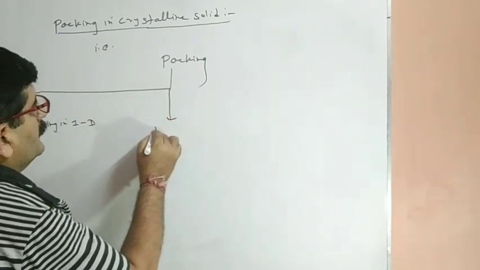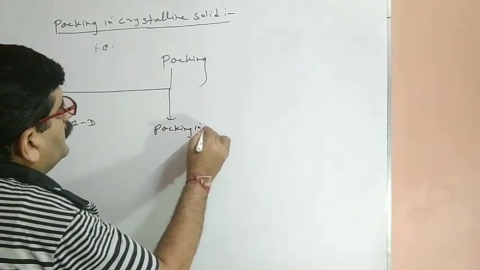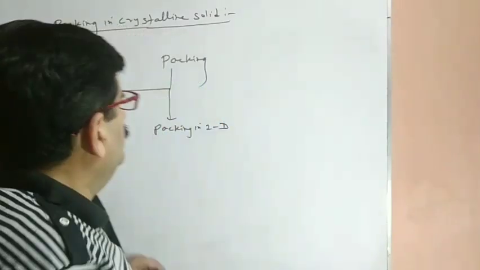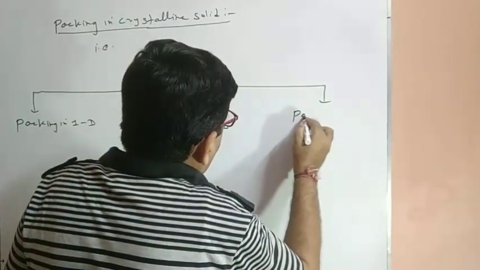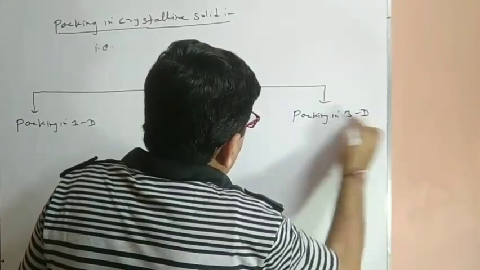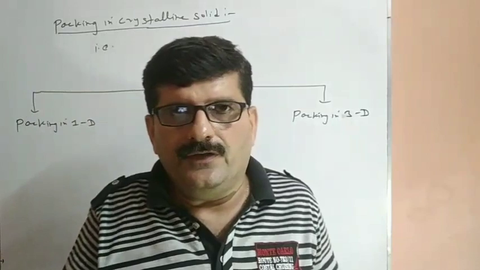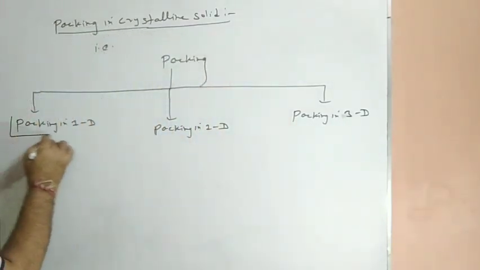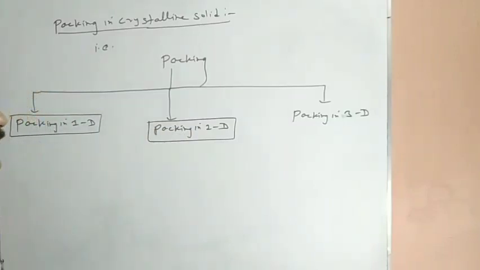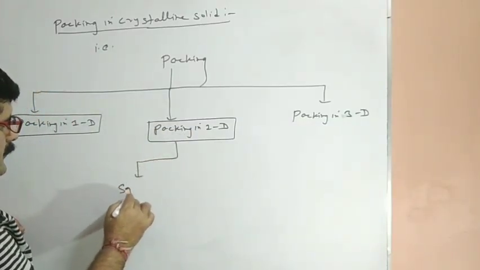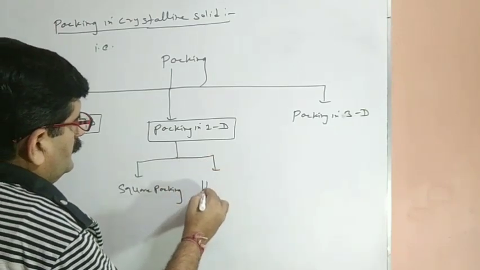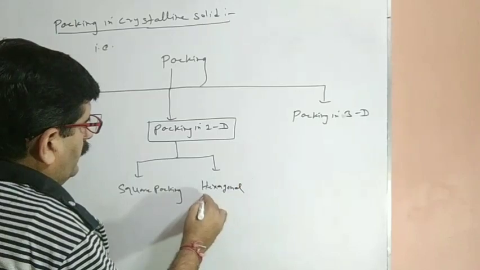Second, packing in 2D, means two directions, suppose X and Y. And the third, packing in 3D, three dimensional, means three axes, that is X, Y and Z. Packing in 1D is only one type, whereas packing in 2D is of two types, that is square packing and the second one hexagonal packing.